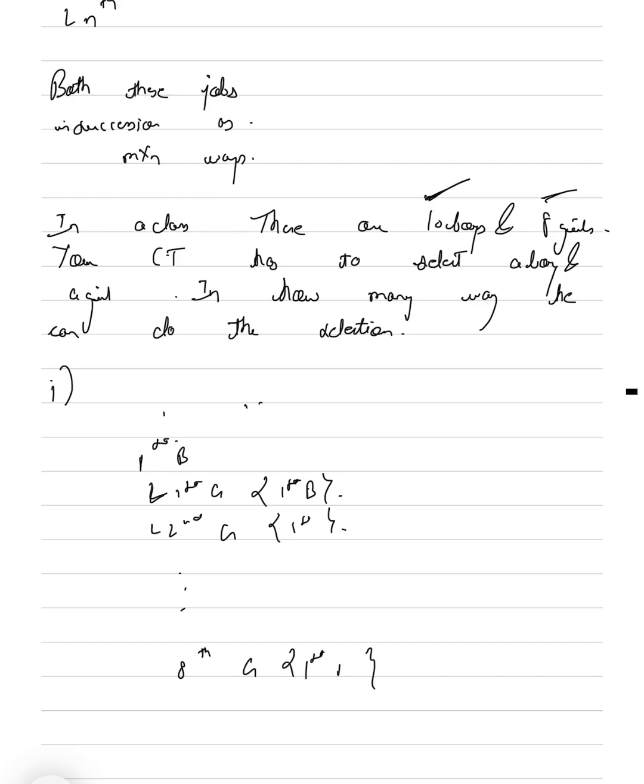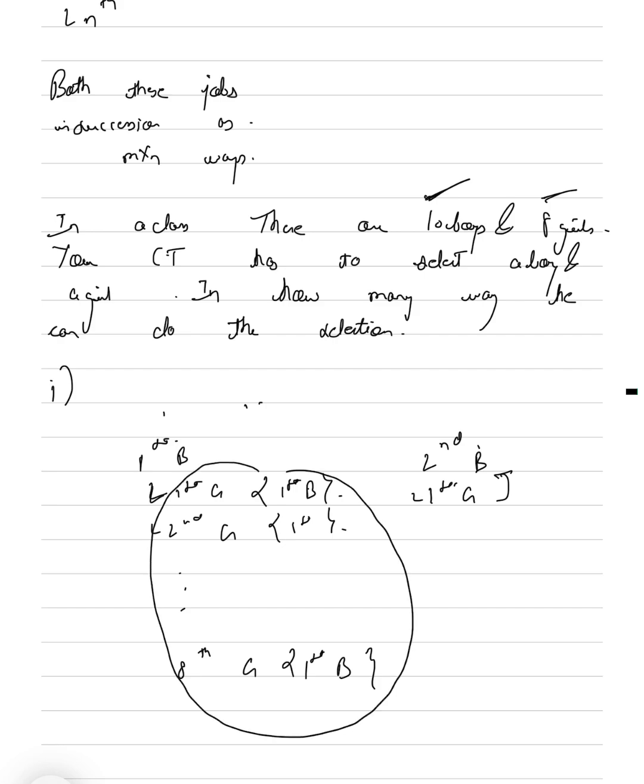Now as he has selected the second boy, he can select the first girl, and so on. In this way we have 8 into 10, or you can say 80 ways. Okay, so I think I made my point here clear.